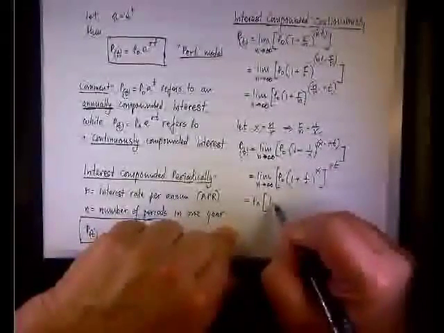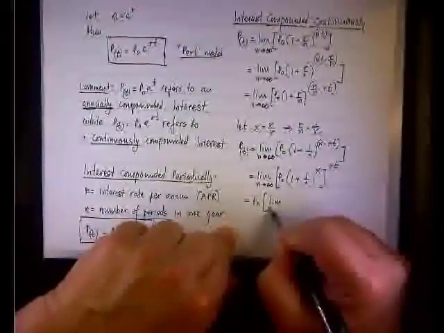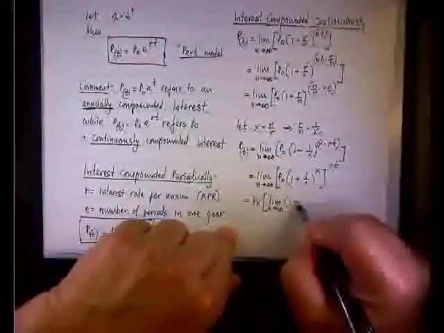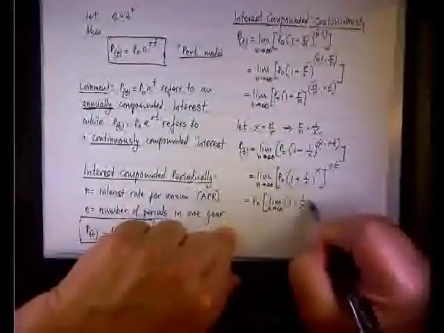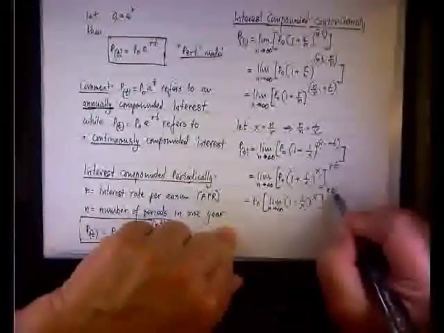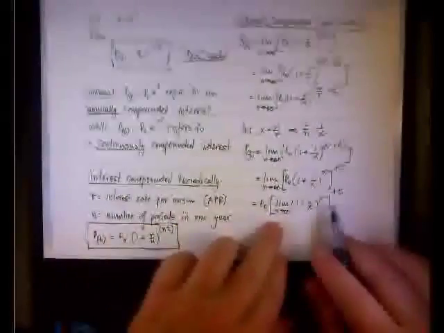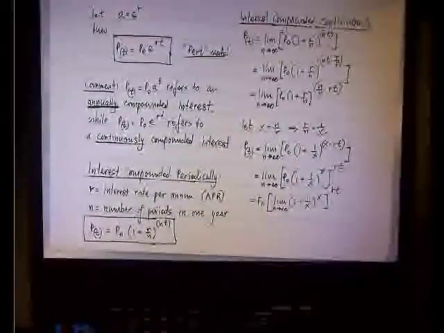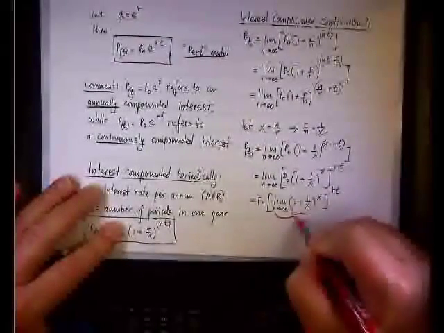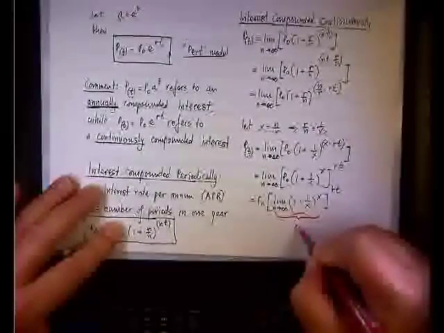We have the limit as n goes to infinity of 1 plus 1 over x raised to the power of x, and rt on the outside. Now, this limit is exactly e, and maybe that's why you did not recognize that we have e hidden here.